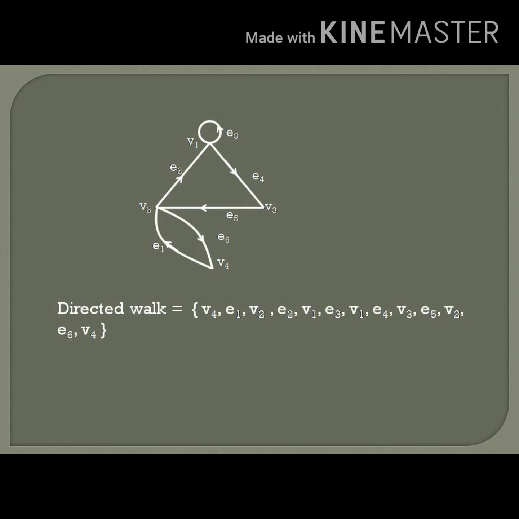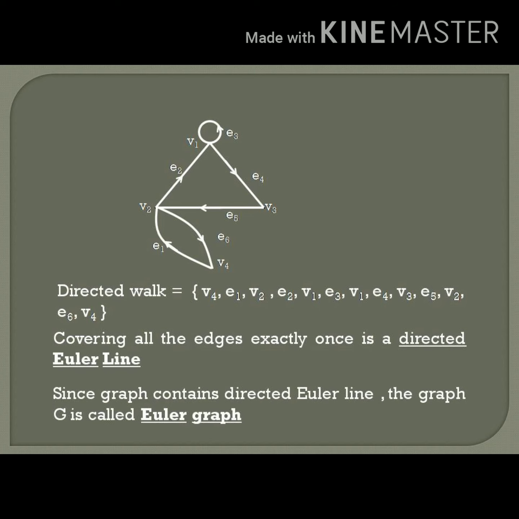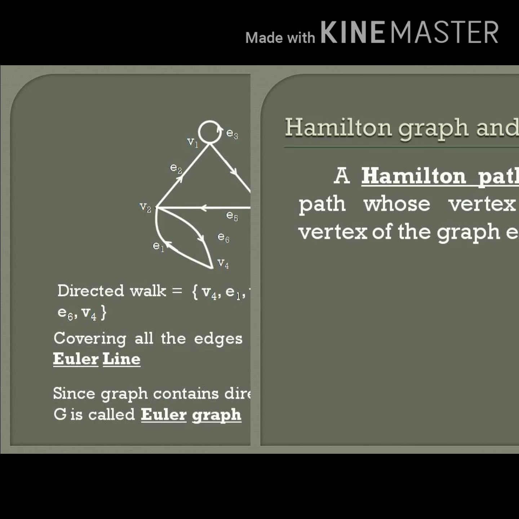So this is a complete directed walk. Covering all the edges exactly once is a directed Euler line. So here all edges are covered exactly once, so it is an Euler line. Since the digraph contains a directed Euler line, the given graph is an Euler graph.